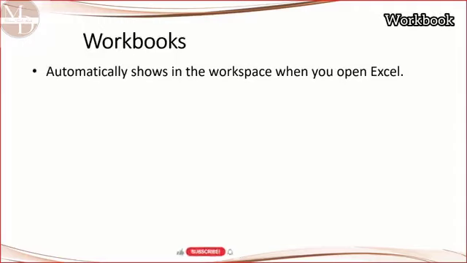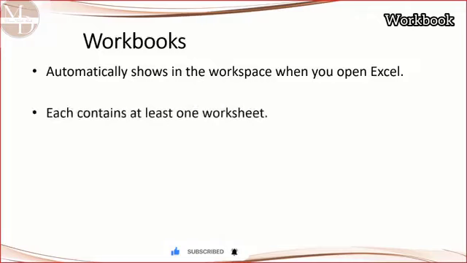A workbook automatically shows in a workspace. If you open your Microsoft Excel, the first blank worksheet that you see is a workbook, and it's going to be blank. Each workbook contains at least one worksheet.